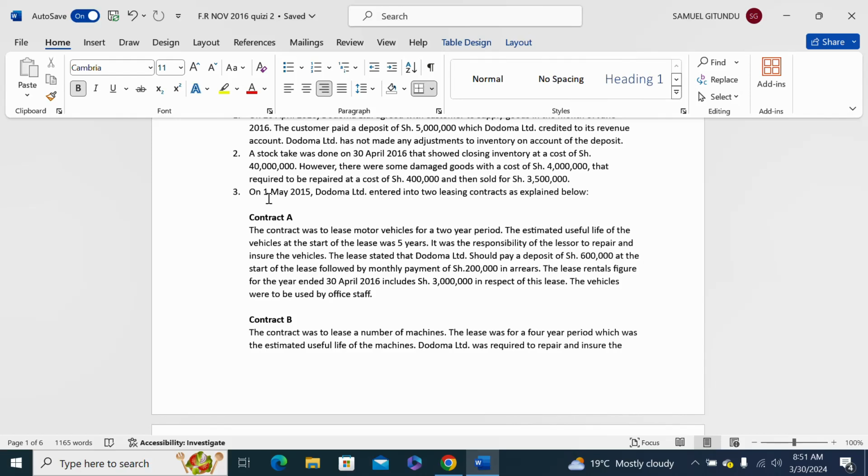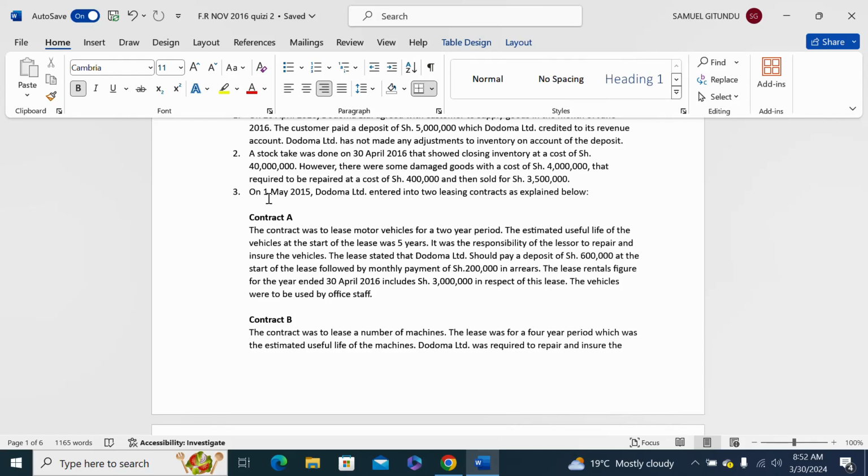Therefore, this is a question of 2016, and the accounting standard being tested here was International Accounting Standard 17. But from January 2019, listen clearly, IFRS 16 superseded IAS 17.